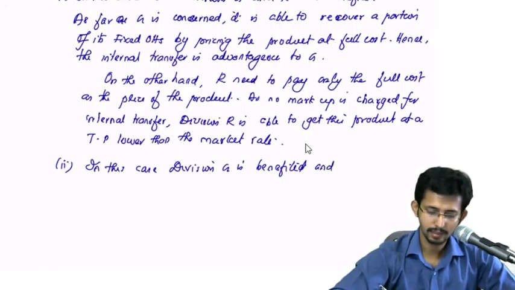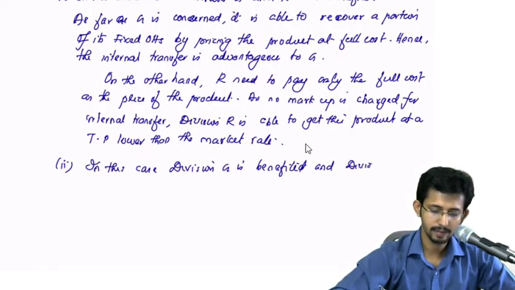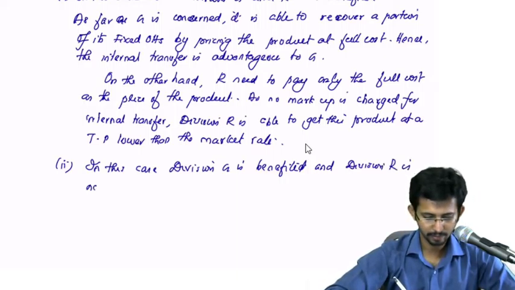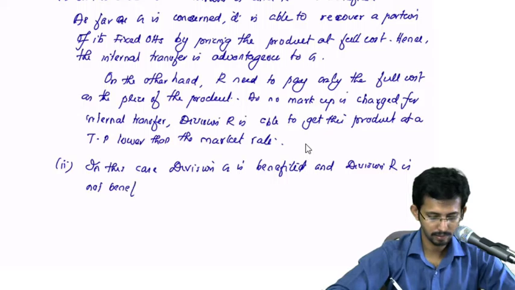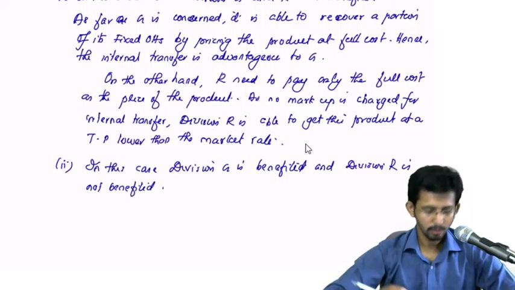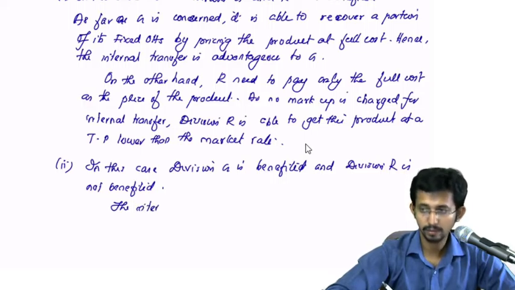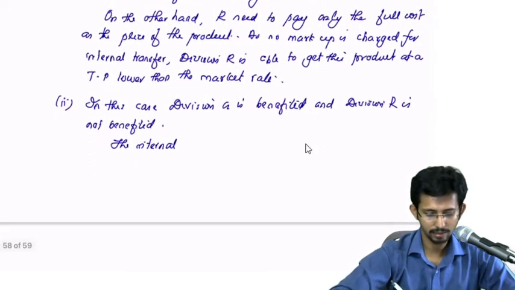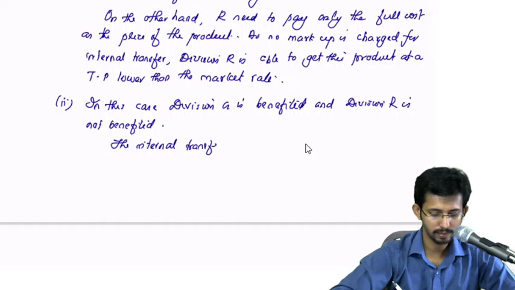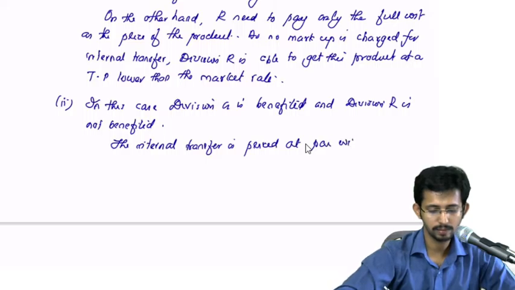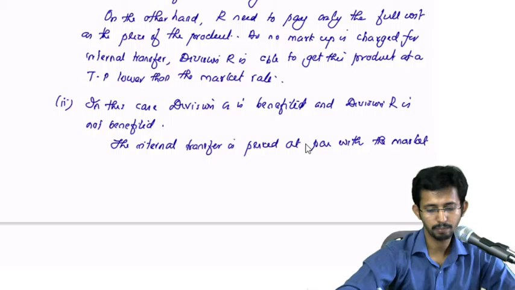And division R is not benefited. Okay, why is it so? The internal transfer is priced at par with the market price.